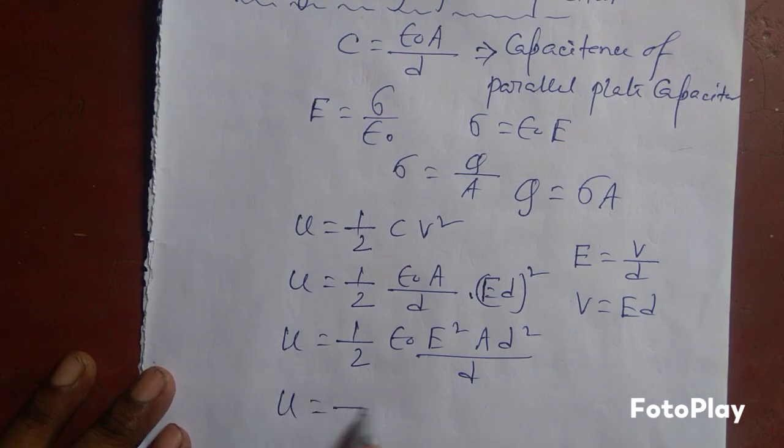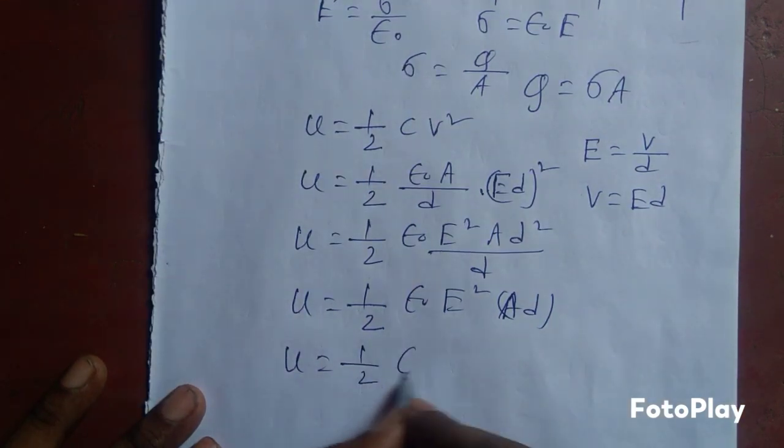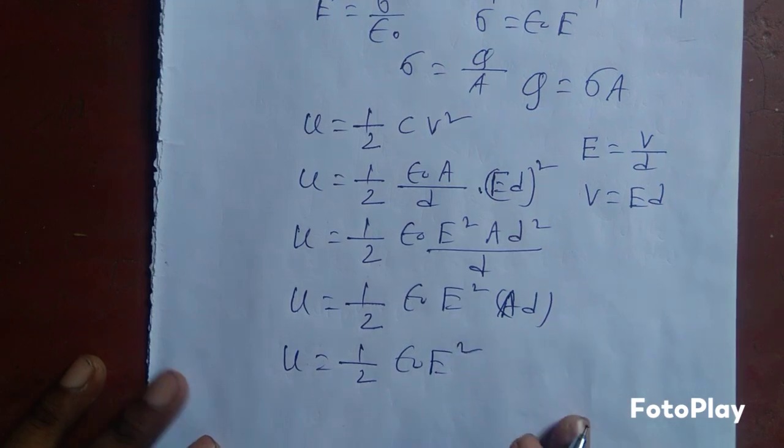So U equals half epsilon 0 E square A into D, and A into D is nothing but the volume. Then U by volume we get half epsilon 0 E square.